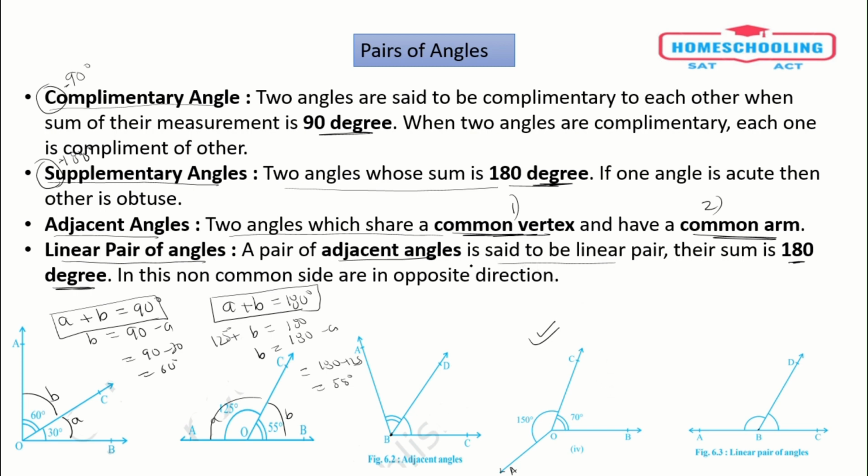Now let's check for an adjacent angle. For an adjacent angle you need a common vertex, so we have O as a common vertex, and a common arm. So this is going to be an adjacent angle. I hope you are able to understand me.